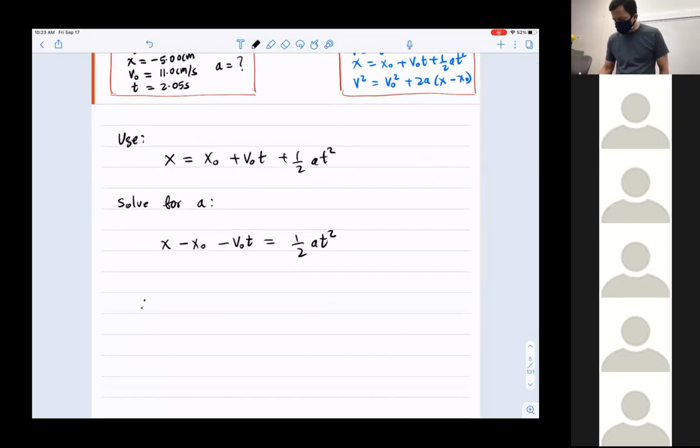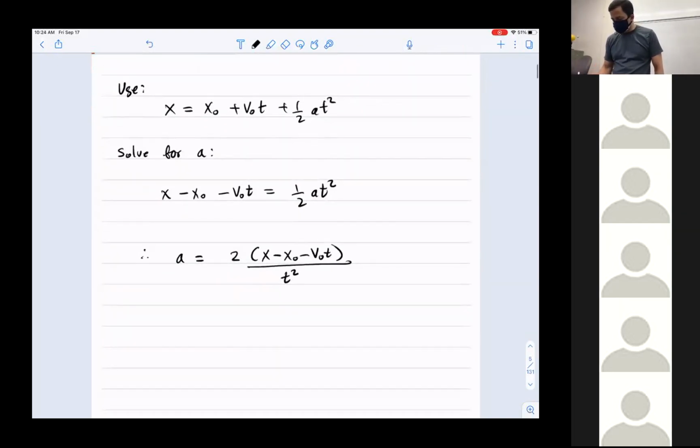And so therefore you will get here that a is equal to 2 times (x minus x naught minus v naught t) divided by t squared. Any questions on that? Again, I strongly encourage you to work with symbols until the very end. If you just start plugging in numbers, after a while, you get lost in all the numbers and you don't know what's going on.